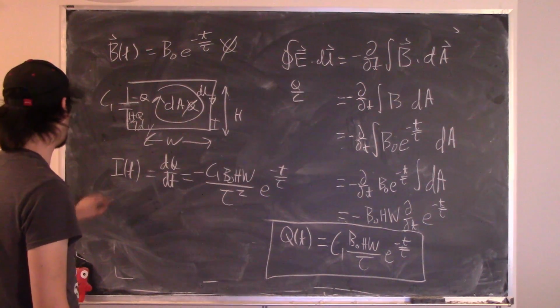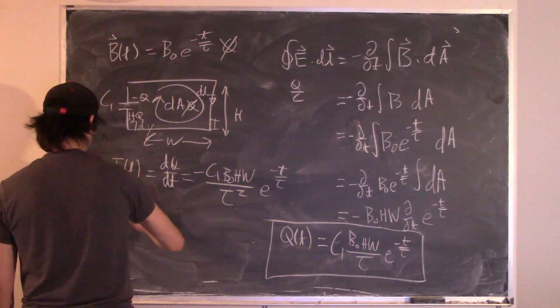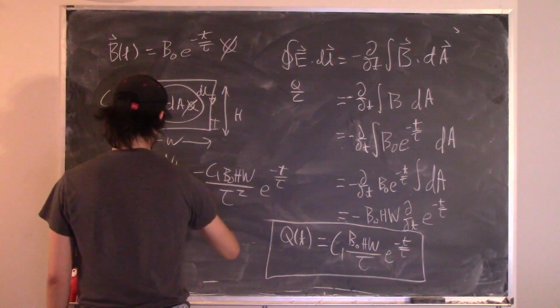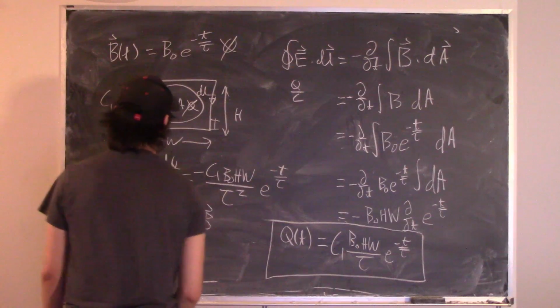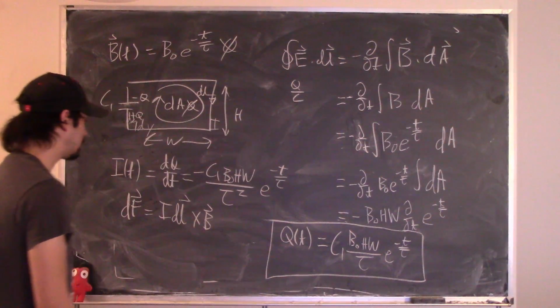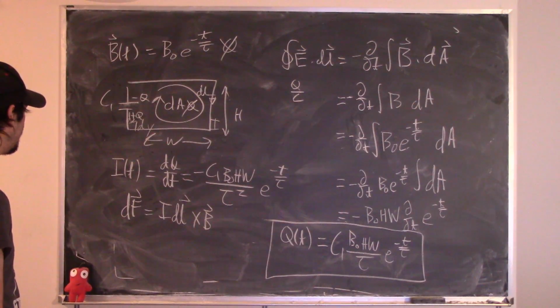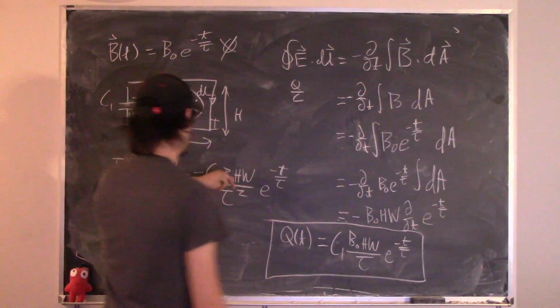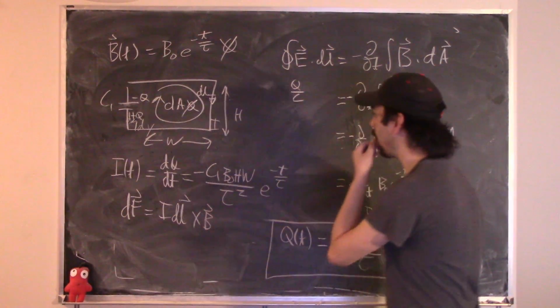It's only dependent on the time. So when I do these integrals for dF is equal to I dl cross B, this is going to say then that, hold on a second. Something funny is going on here.